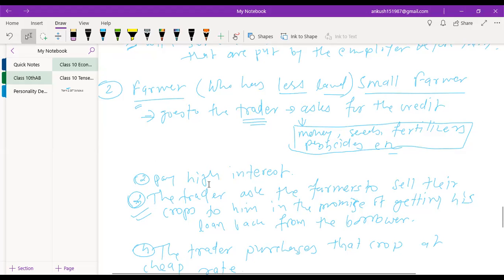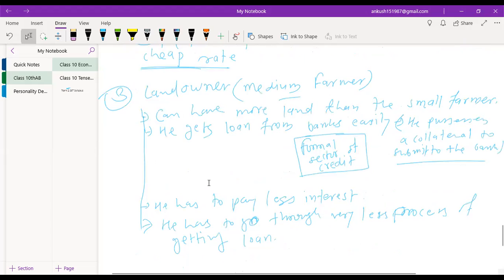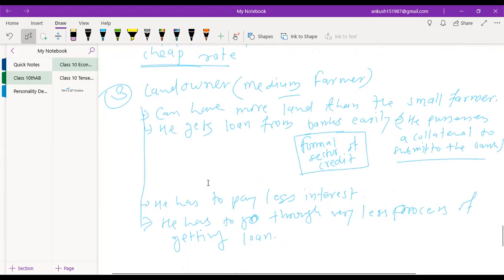Got it? Yes. And the landowner somehow manages to get the loan from the bank, which is working under the supervision of RBI, where he gets the loan easily, and he is able to submit his collateral. Anything can be given as a security. Whatever he possesses, he can keep in the bank as collateral or security against the loan.